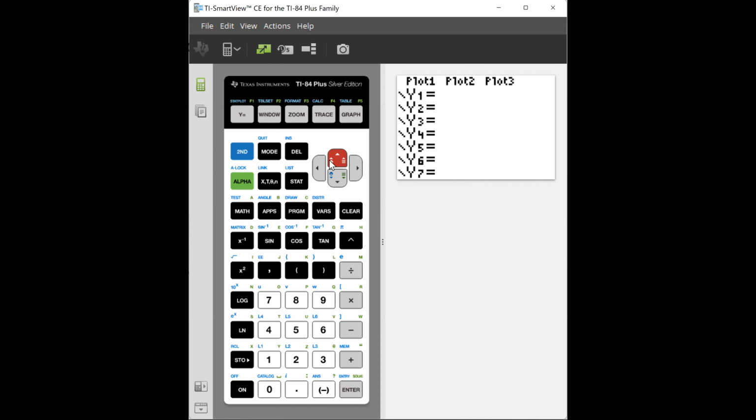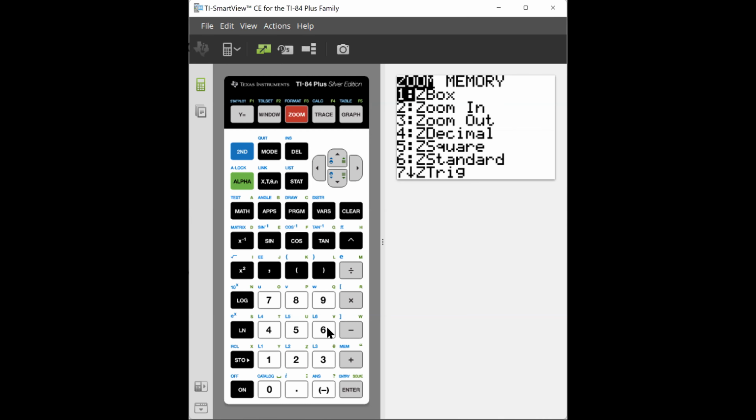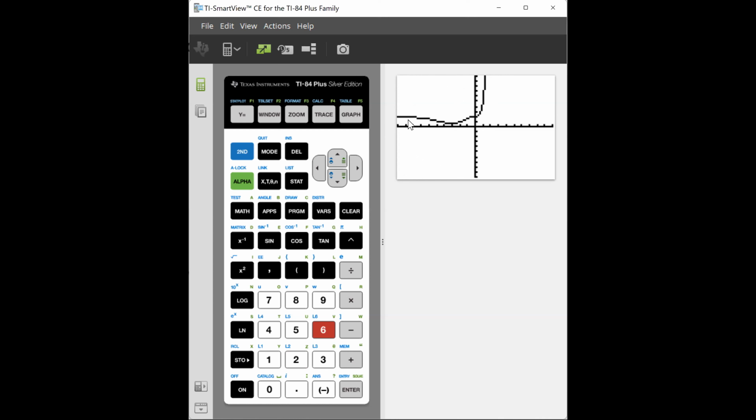So our original function was x cubed times e to the x plus 2. And I'm just going to zoom 6, which is standard. We see this is what our curve gets. And now when x is -3, trace.